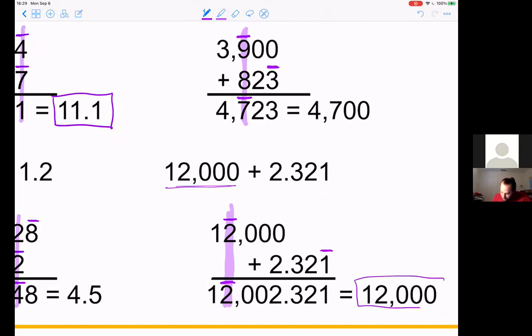And at the end, the answer that I get is just 12,000 again. I wasn't very confident with that 12,000 to begin with. It could have been 11,000. It could have been 13,000. It's somewhere in there. So if I add on some very, very tiny, very precise number, it doesn't change that approximation. So this may look a little weird, but that's exactly the case.